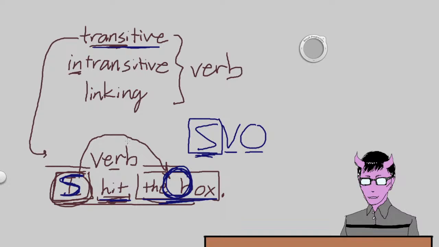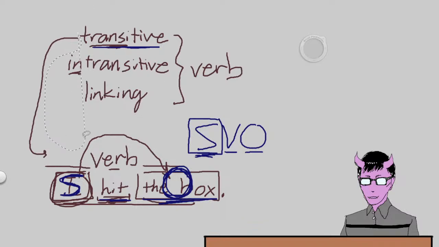The box hit me doesn't have the same meaning as I hit the box. Well, I guess you could say the box hit me, because maybe the box fell from some higher up location and smacked me on the head. In that case, it would be the box hit me, but that would alter the entire meaning of the sentence, because the original sentence was, I'm supposed to hit the box. So SVO.